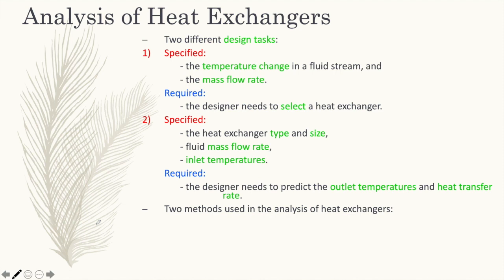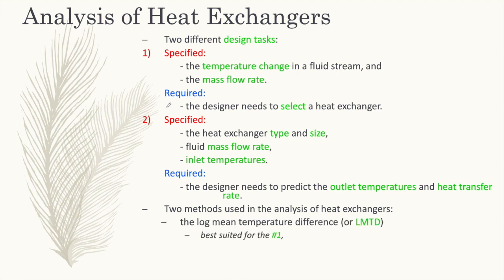And then another method, it is new, but previously you may have heard about it, the NTU method, the effectiveness NTU method. So if we refer to both of these design tasks, which of those methods is suitable for these two design tasks?